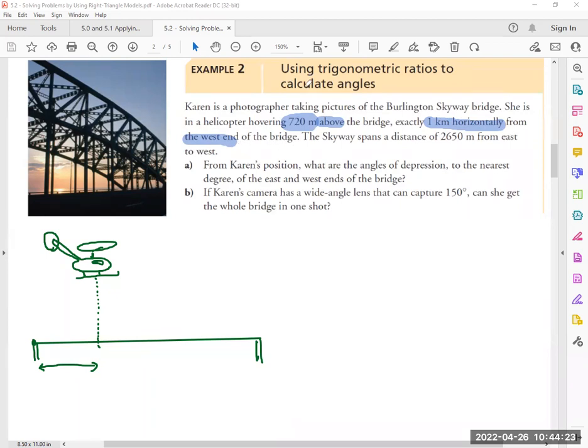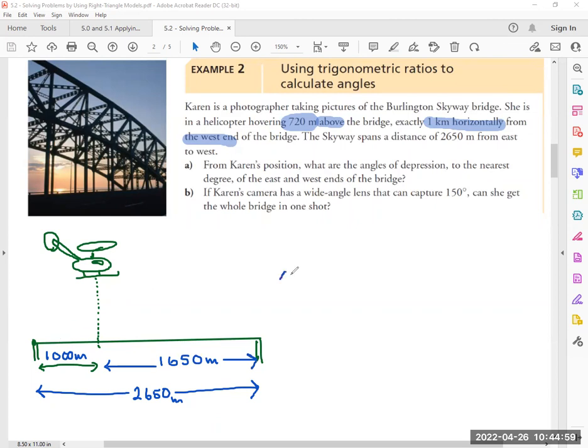From that alone, if you thought about it carefully, you might have reached this conclusion. This portion, let's do it in meters, is 1,000 meters, 1 kilometer, right? The entire distance from east to west of this bridge is 2,650 meters, which also tells you that this distance is 1650 from simple subtraction.